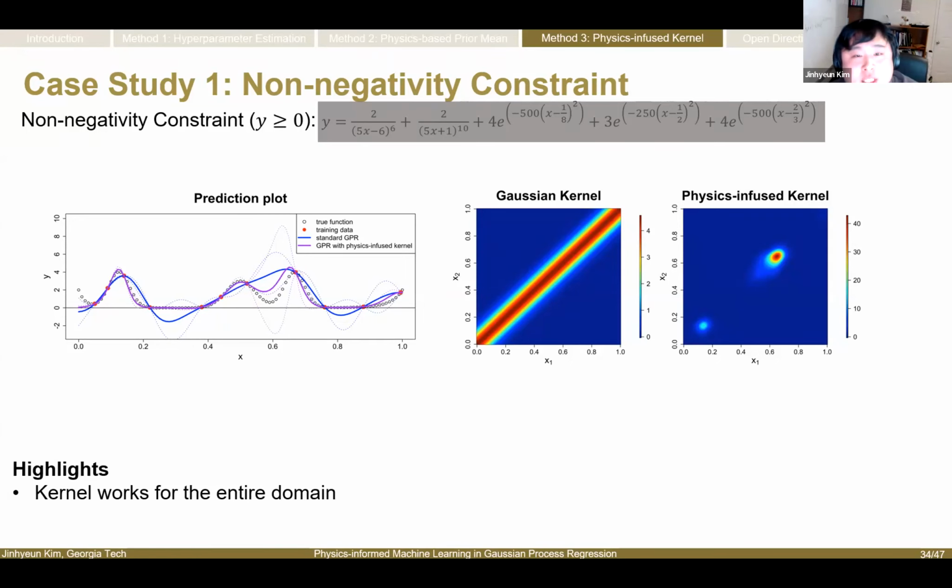It is interesting to see that by embedding physics in our method, we can convert the stationary Gaussian kernel, which only depends on the distance between two input data, to a non-stationary kernel, where the input locations are important. We want to emphasize that this method can also correct the behavior for the non-violated region, for example, the black box, because the kernel works for the entire domain.